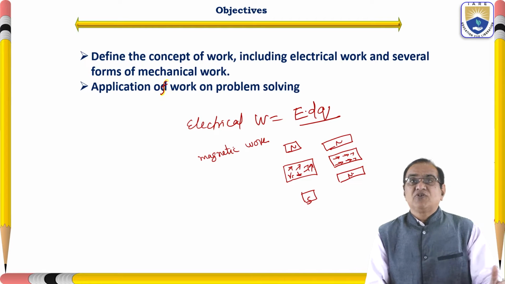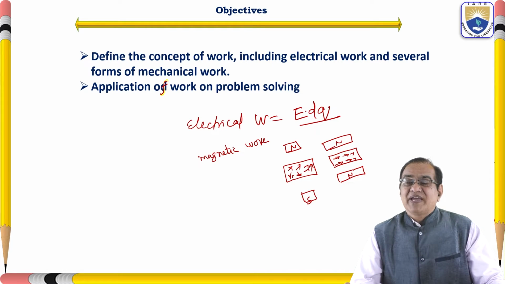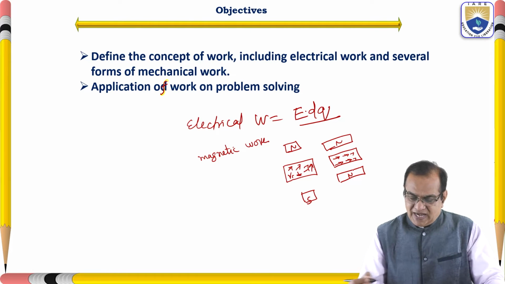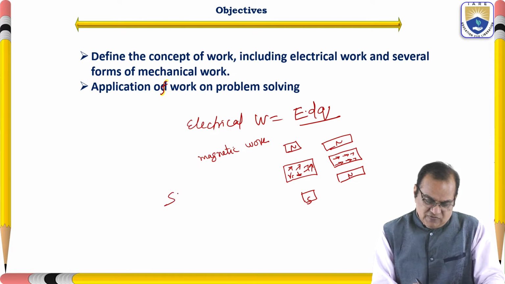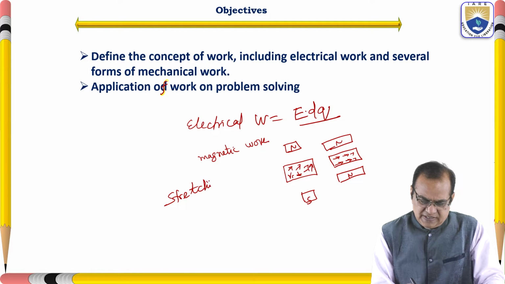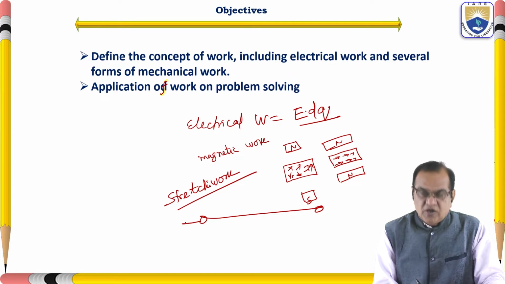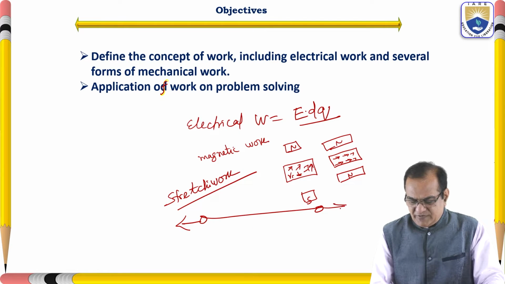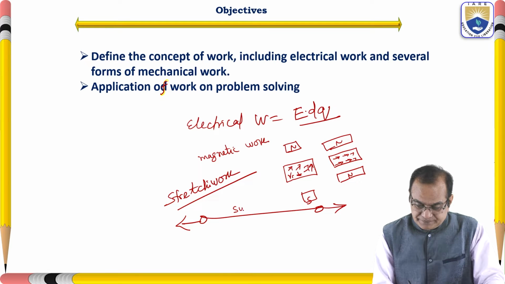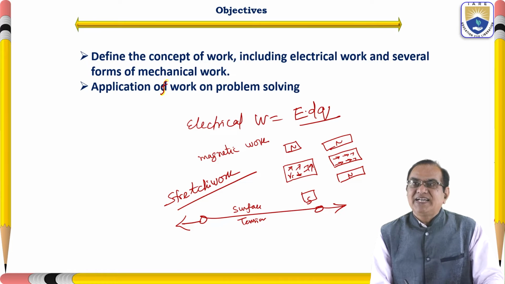Like this there can be electrical work, magnetic work, and some other types of work, like stretching work. If you have a wire and you are putting a force like this from here to here, it will try to expand. So surface tension will be generated, and this will be generating the work.